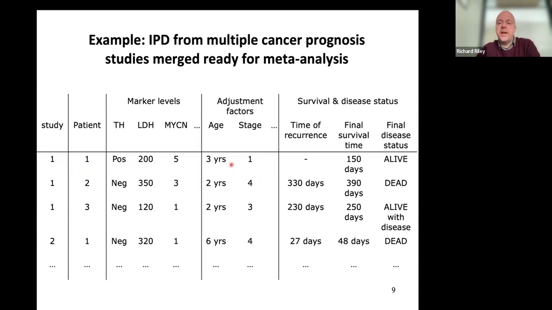You'd have adjustment factors or prognostic factors for that individual, and you would have individual level information about their time of recurrence of disease, if they had it, their final survival time, almost their length of follow-up, and whether they were alive or dead at the end of follow-up. So individual level information, whereas in a standard meta-analysis, what you'd extract from each study would be the average age, the proportion of people that had an event, and so forth.